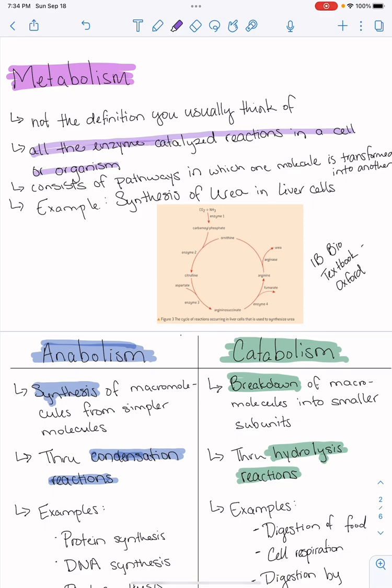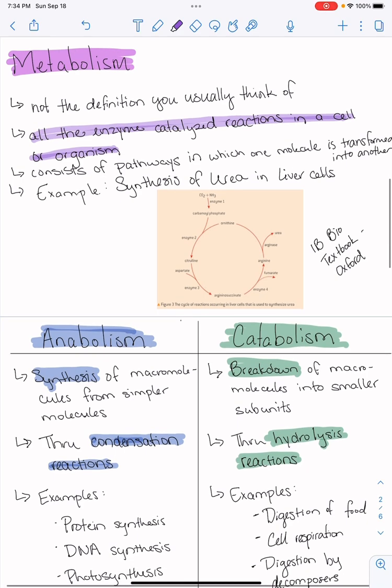Okay, so normally when we think of metabolism, we think of things like your body breaking down and digesting things. That's generally what I think of when I think of metabolism, but metabolism is actually the breaking down, but also the synthesizing of molecules in a cell or an organism.